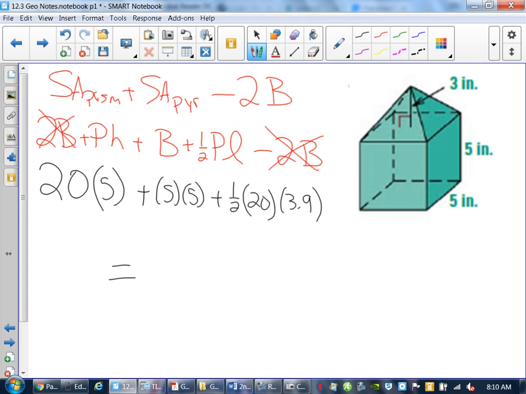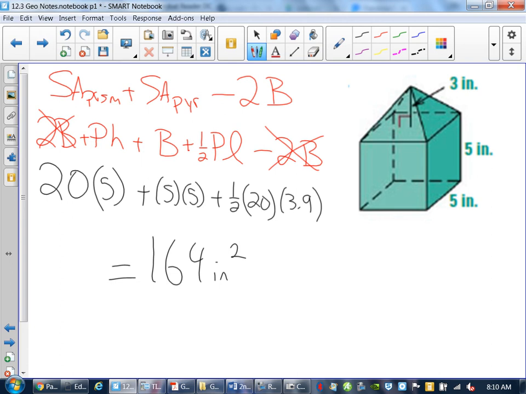So we have 100, 125, 125, and 39 would be 144. 164. Oh, yeah, I was going 39, I was adding 20. All right. So 164 square inches.